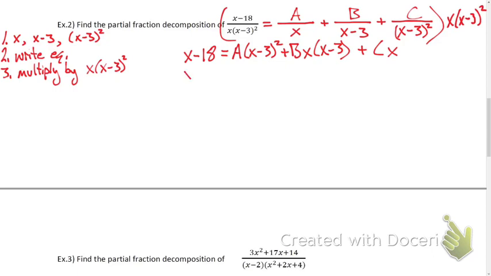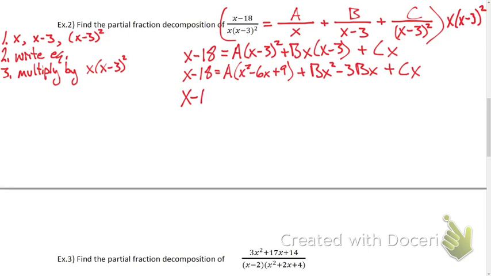Simplify a little bit. A little bit more.